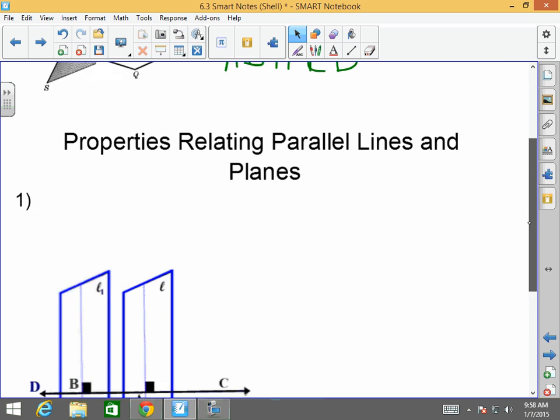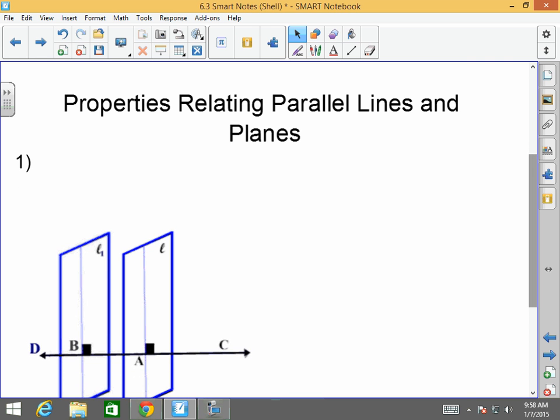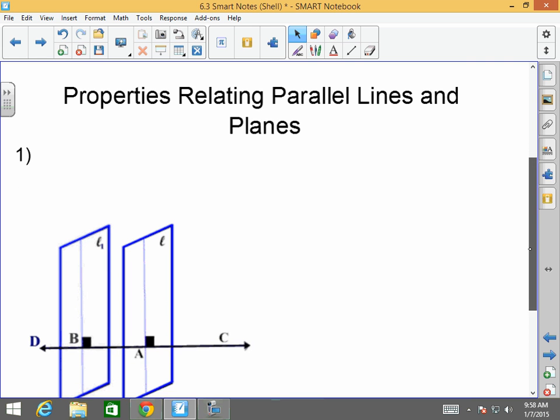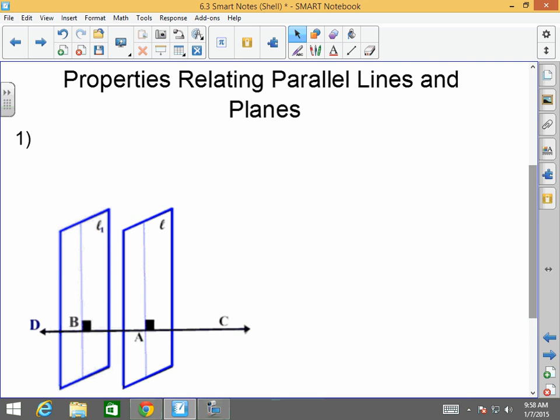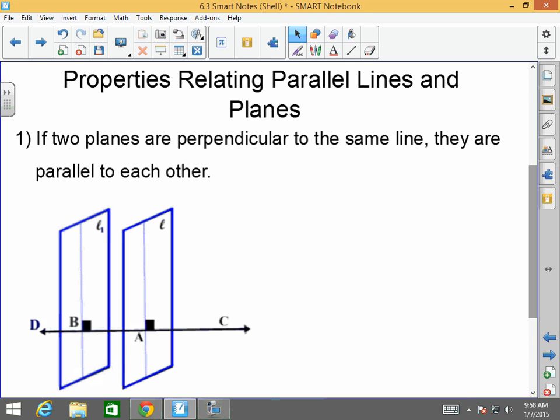Now, these next properties, guys, you have to memorize. It's just the way it goes. Number one, if two planes are perpendicular to the same line, they are parallel to each other. Hopefully that makes sense, especially with the example that I gave you with the column.